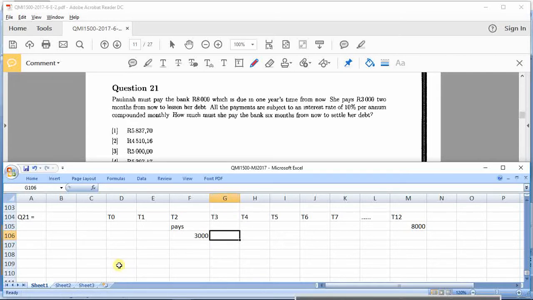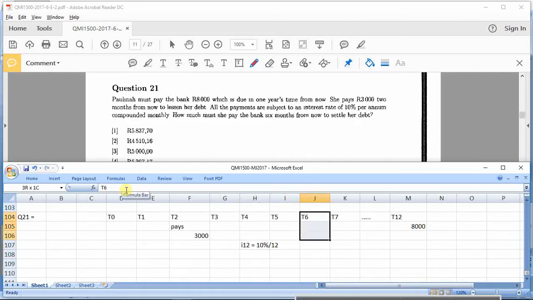All the payments are subject to an interest rate of 10% per annum compounded monthly. So I12 is 10% divided by 12. That's the monthly rate. How much must she pay the bank 6 months from now to settle her debt?